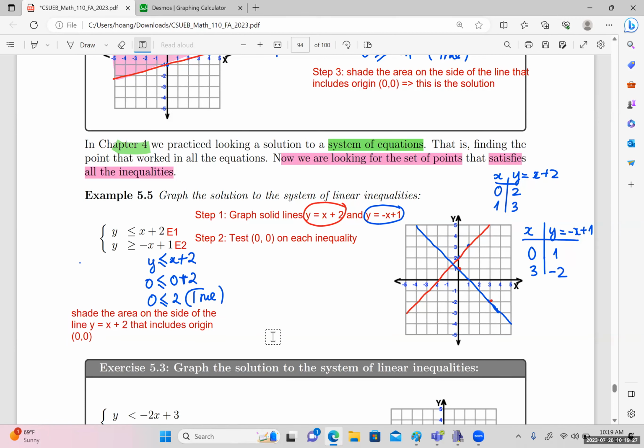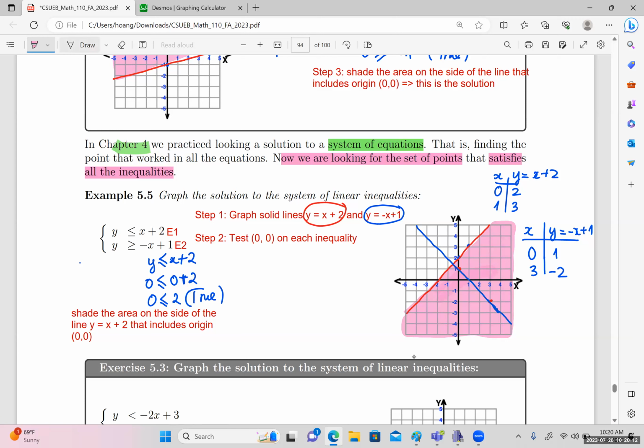So we say that x plus 2 is the red one, so we need to include the 0, 0. Okay, so that is the first one.